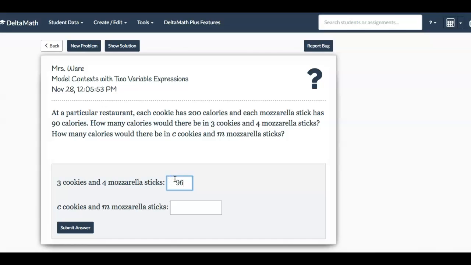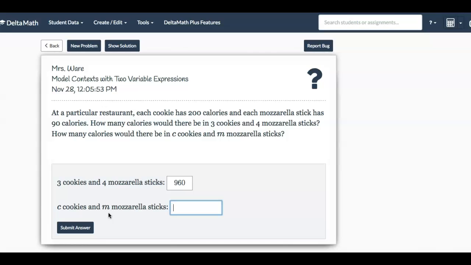So they're talking you through a problem with numbers because numbers are easier to work with than letters when you're first starting out. Now it's like, well, what if it's C cookies and M mozzarella sticks instead of 3 and 4? So you're going to replace the 3 with a C. On your whiteboard, write 200C.